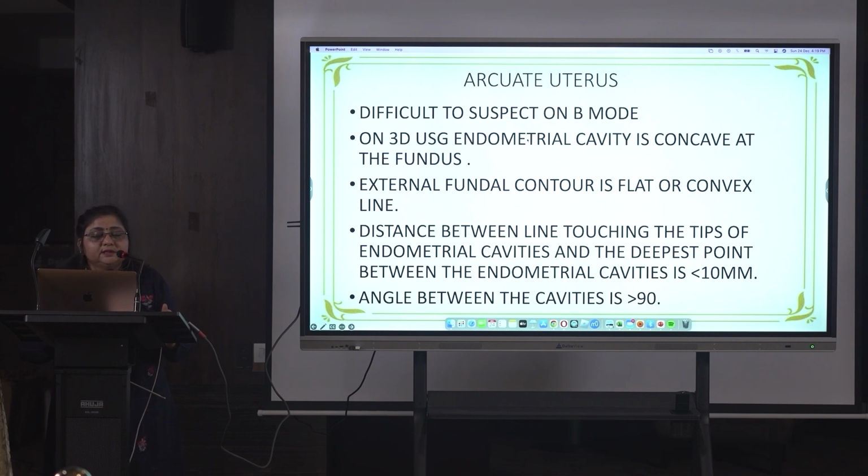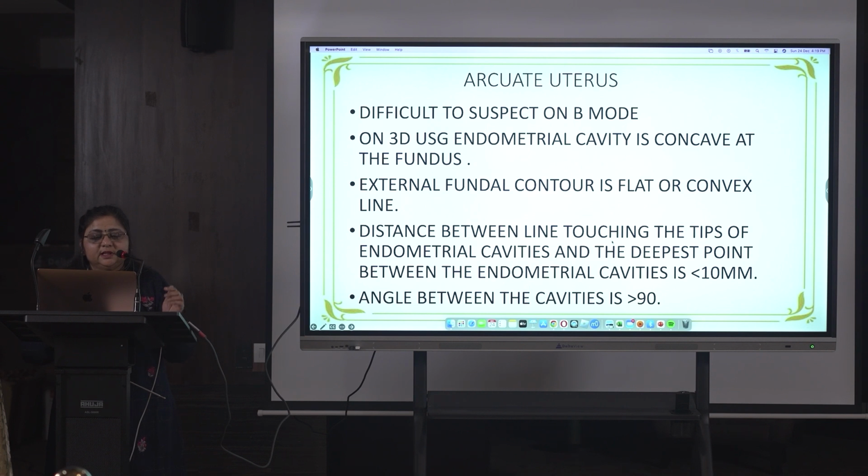Arcuate uterus is difficult to suspect on B mode because it will look like a normal uterus until you measure that depth. On 3D USG the endometrial cavity is concave at the fundus, and the external fundal contour is normal. The serosal fundus is normal, that is convex.